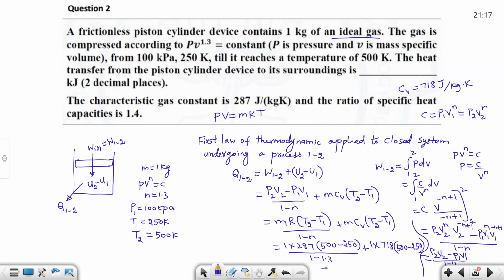So let us see what you are getting. You must get a negative sign because heat is going out. So that indicates the sign is negative.